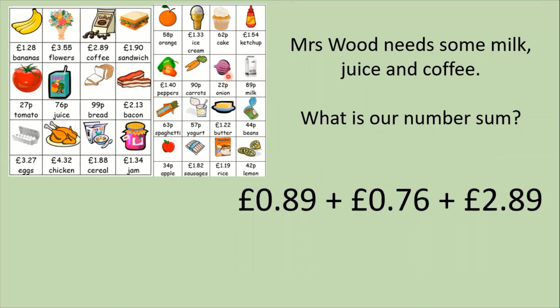Miss Peck needed some milk. 89p for some milk. Add 76p for some juice. And then £2.89 for some coffee. So we've got three things in Mrs. Wood's list. So see if you can work out how much they are all together.